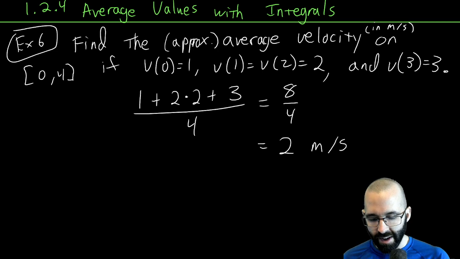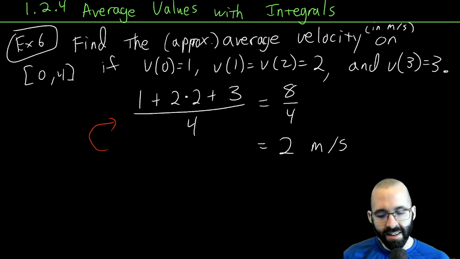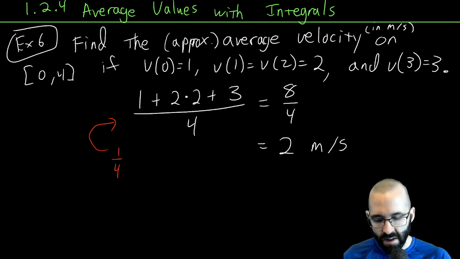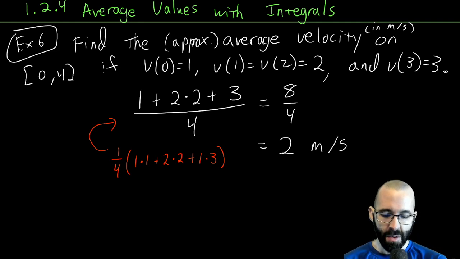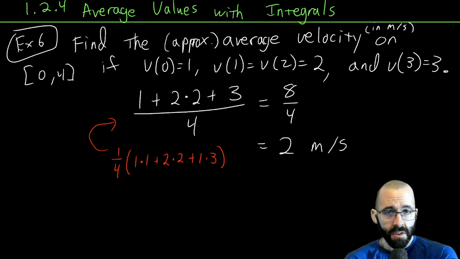Let me rewrite this little guy. I'm going to rewrite this as one quarter times (1 times 1 plus 2 times 2 plus 1 times 3). This should stir up some memories from the previous section. This is a Riemann sum.